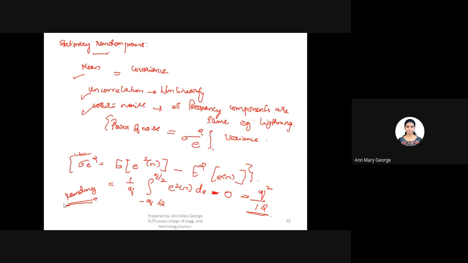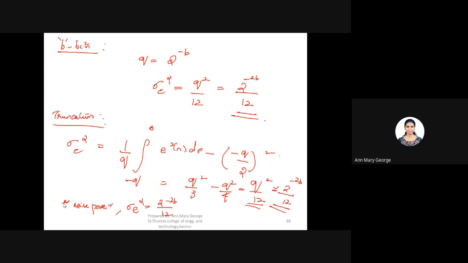First, we have seen the stationary random process properties. After that, we have applied the rounding, b number of bits, and the truncation. From this, we have concluded that the noise power for both conditions, that is the variance, will be equal to 2 raised to minus 2b by 12.